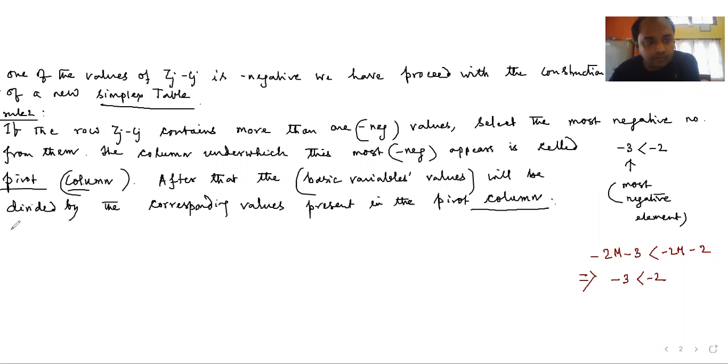So from the table, we find -2m minus 3 is the most negative number.